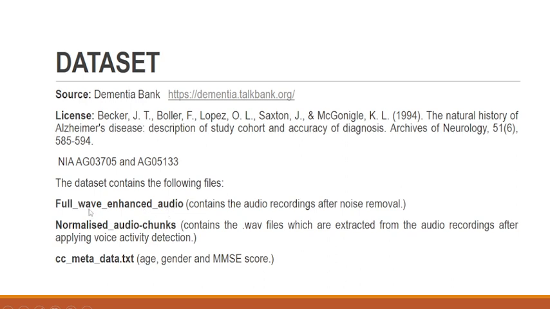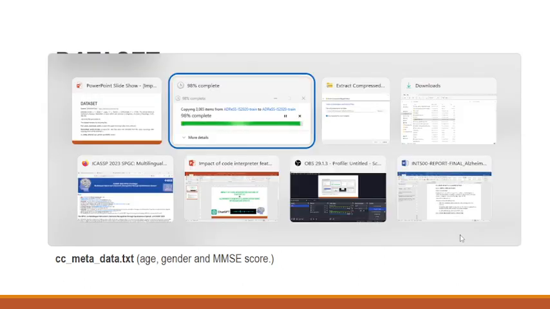For our analysis, we can take either the full wave enhanced audio, which contains the audio recording after noise removal, or the normalized audio chunks, which contain the wave files extracted from the audio recording after applying voice activity detection. So now let us upload this data.